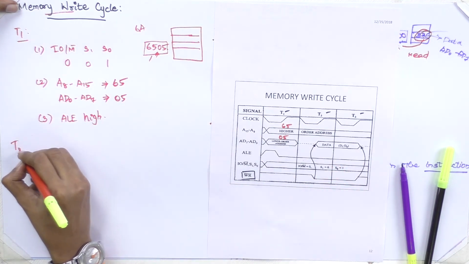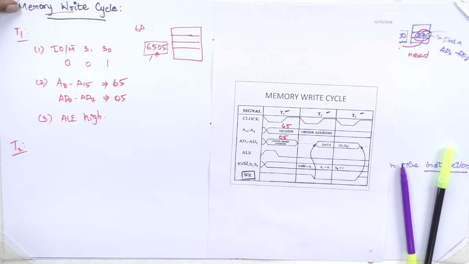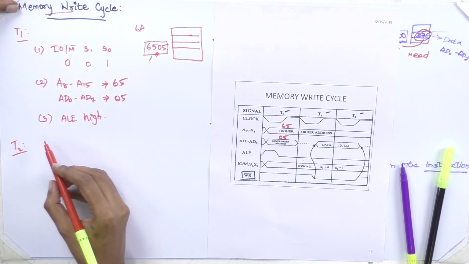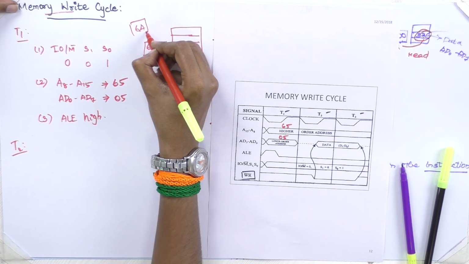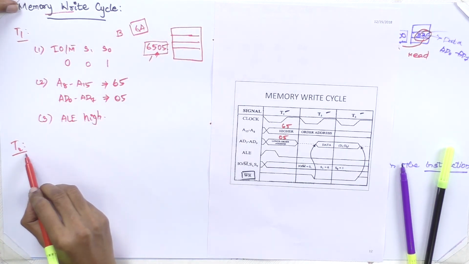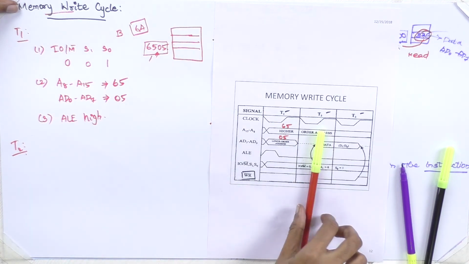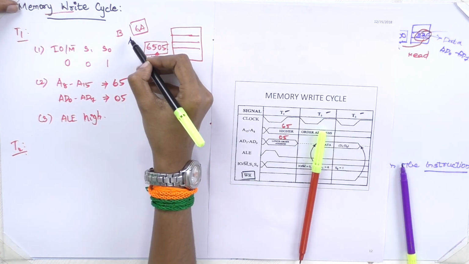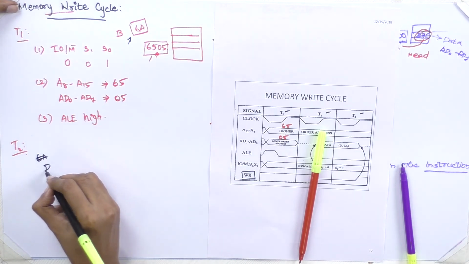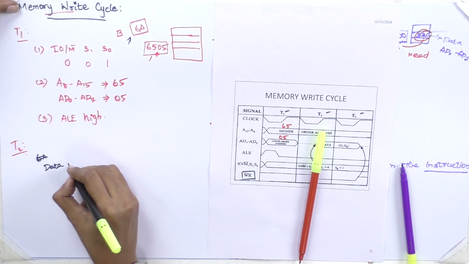So at T state 2, what will happen? For example, 6A is placed in the B register. At T state 2, the processor takes this value 6A from the B register. So that will be 6A, or data, I am writing the general thing.